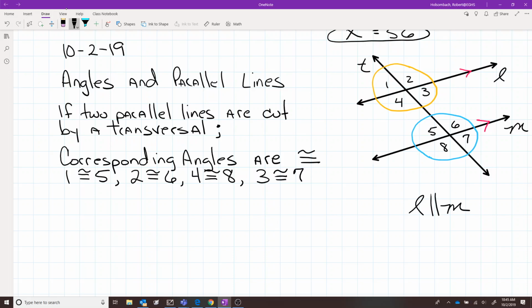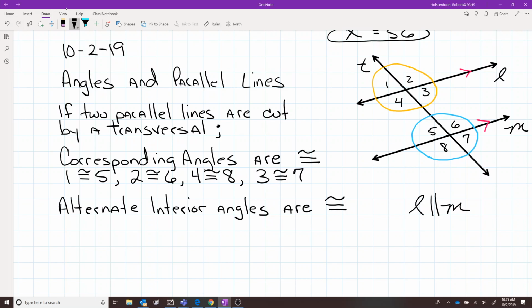Second rule, when two lines are parallel and cut by a transversal, alternate interior angles are congruent. Alternate interior angles are congruent.